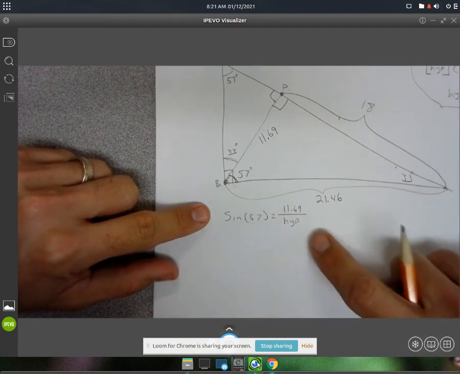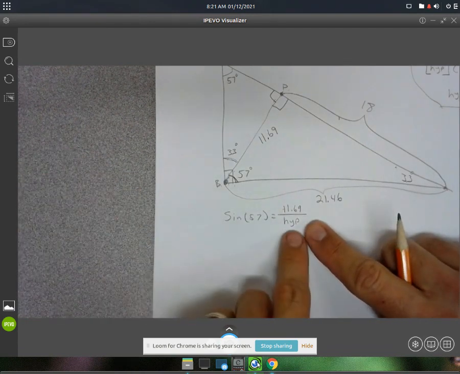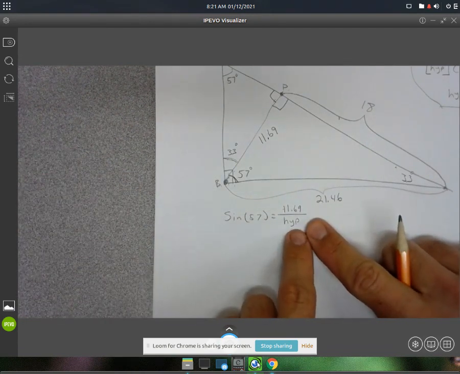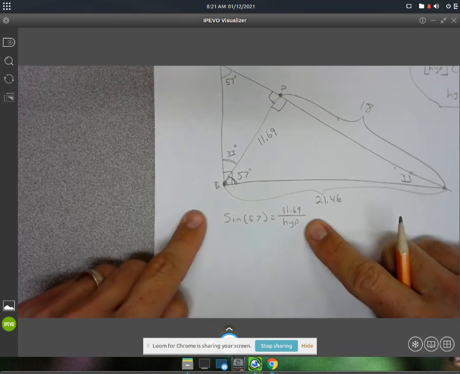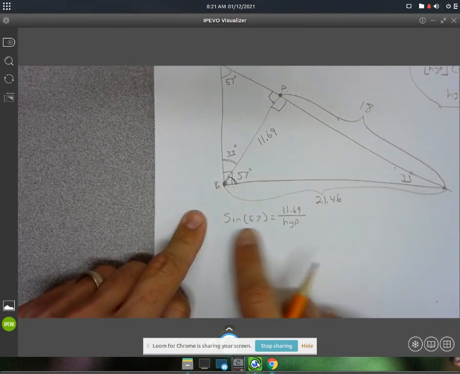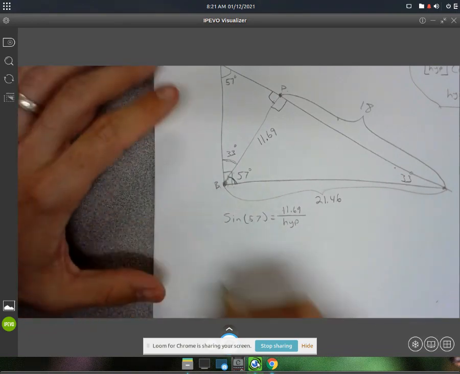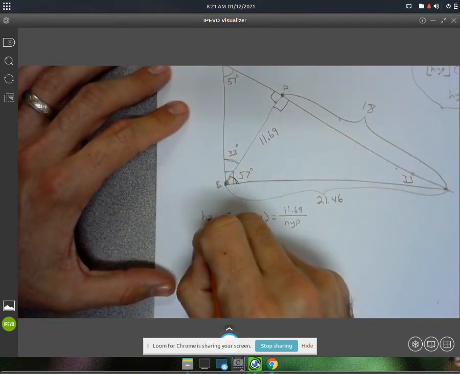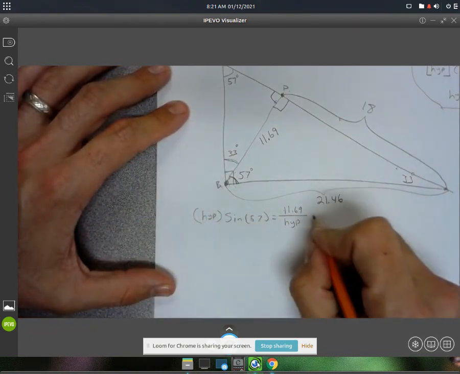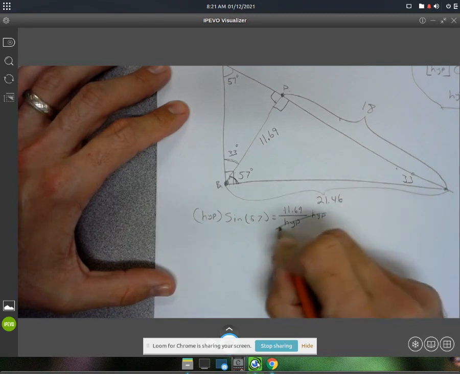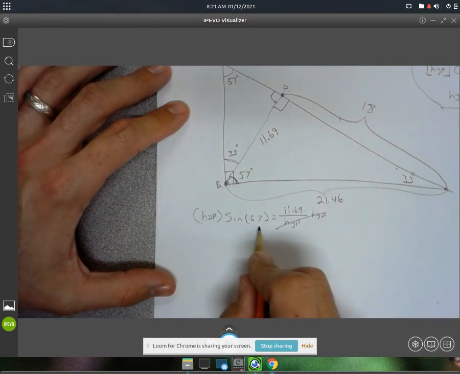To solve for the hypotenuse, you multiply by the hypotenuse and then divide by the sine.